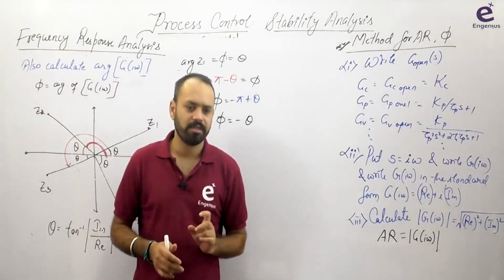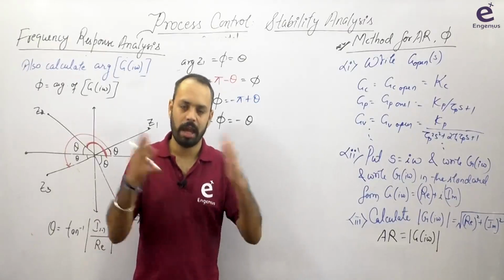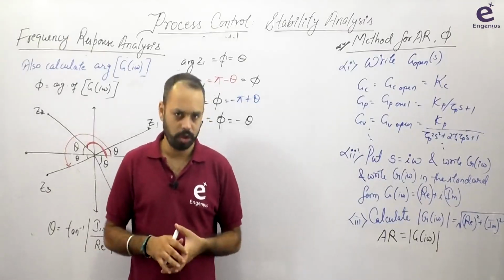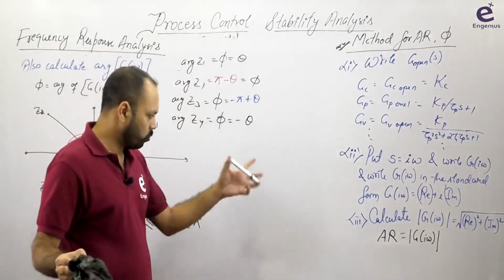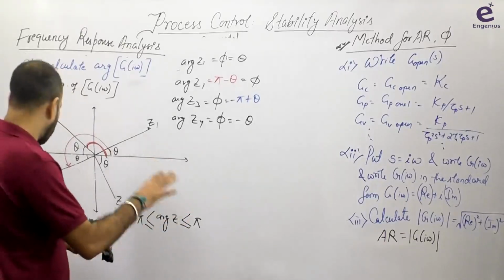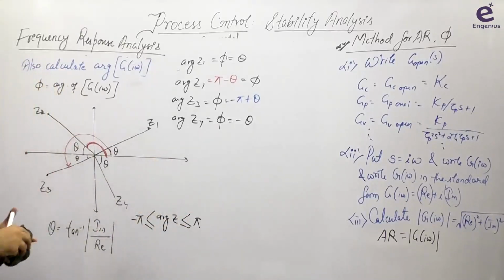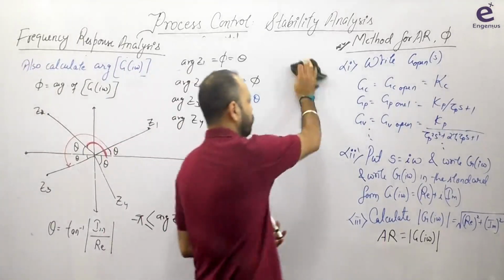But the question arises, sir, what to do if I have the entire system, how to find the amplitude ratio or phi of that? There I'll be using the same method, but I'm going to use the property of modulus and the property of arguments. Okay, what is the property of modulus and what is the property of argument? Let's see.